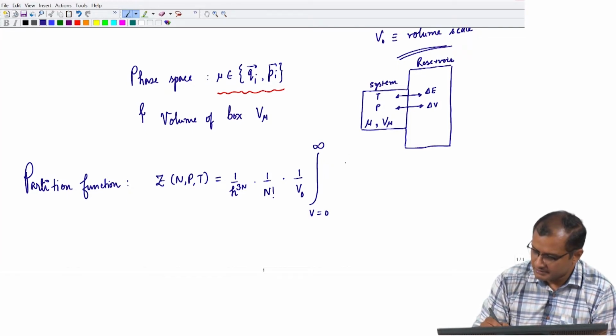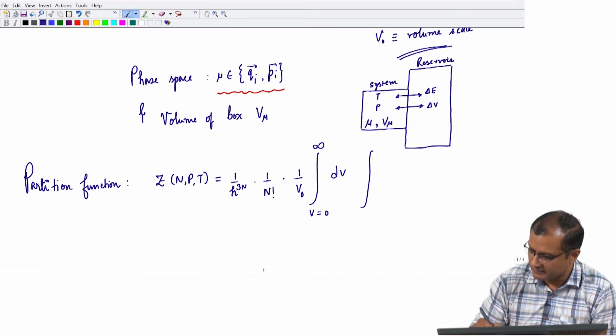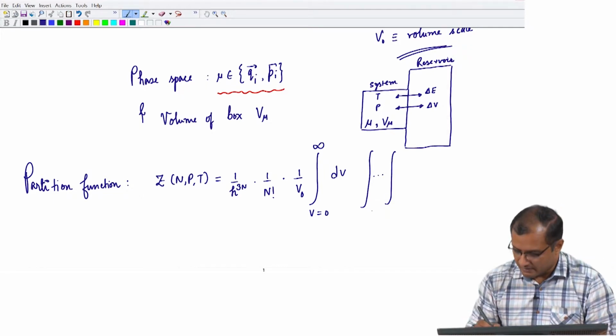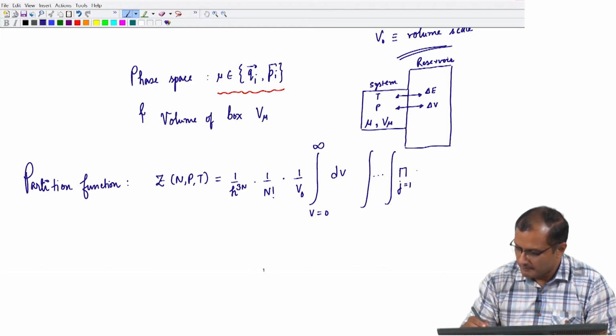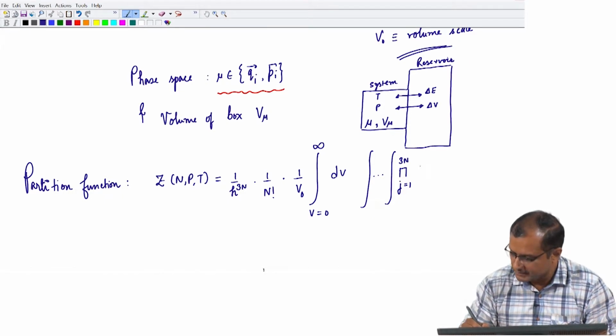And so, this will be a volume integral, and then we have a 6n dimensional phase space integral over all the momenta and positions.